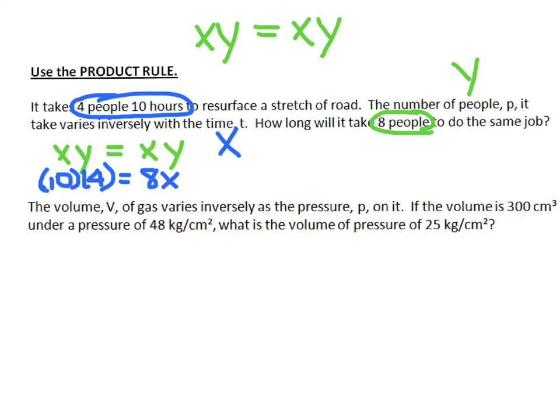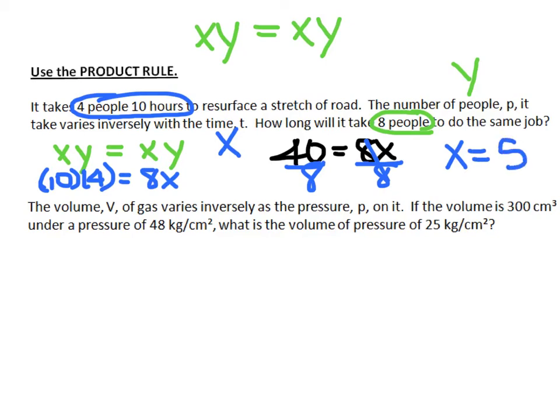So 10 times 4 gives you 40 equals 8x. Solve for x. Remember BCD. Notice the only step I have to do is divide by 8. And we get that x equals 5. So the answer is that it would take 8 people 5 hours.